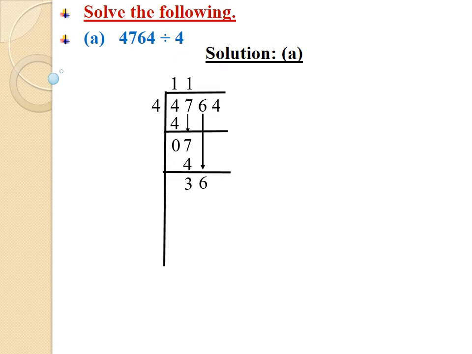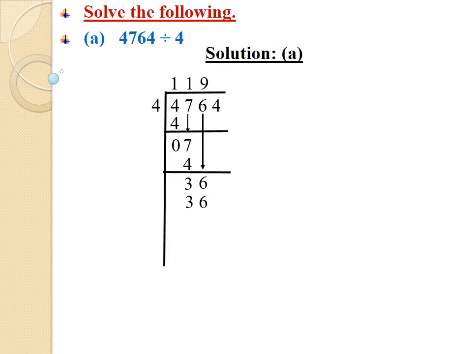Students, now we have to say again the table of 4, and we have to stop when we get 36 or more than 36. Students, we know that 4 nines are 36. So we have to write 9 in the quotient and 36 below 36.